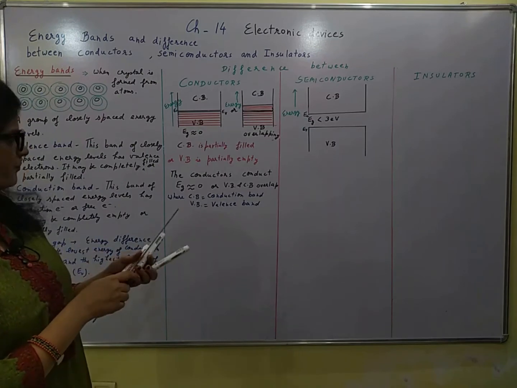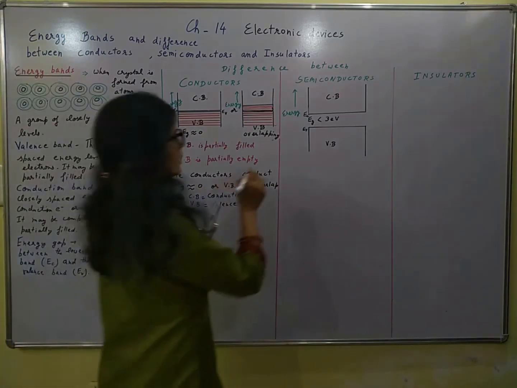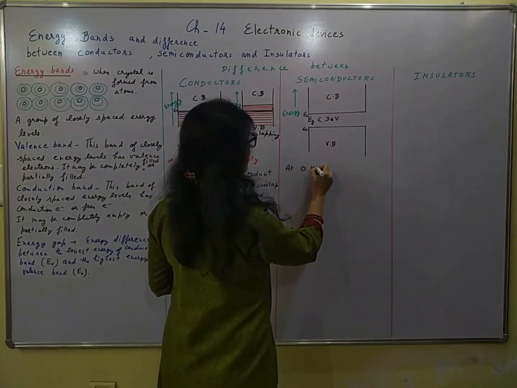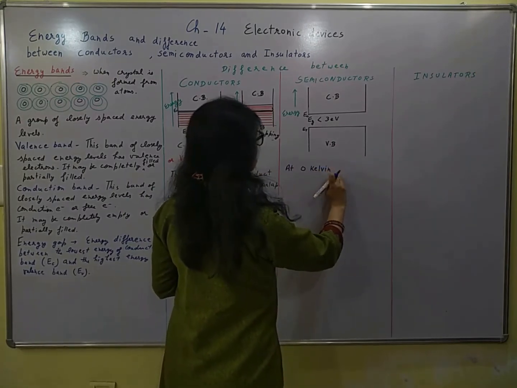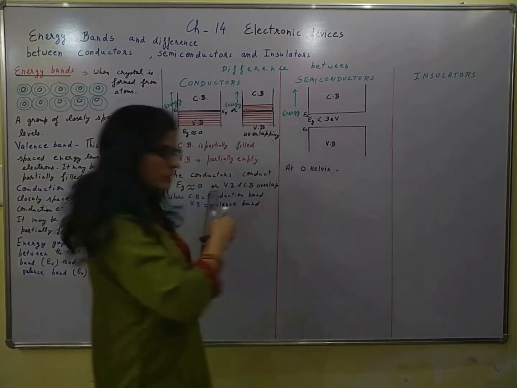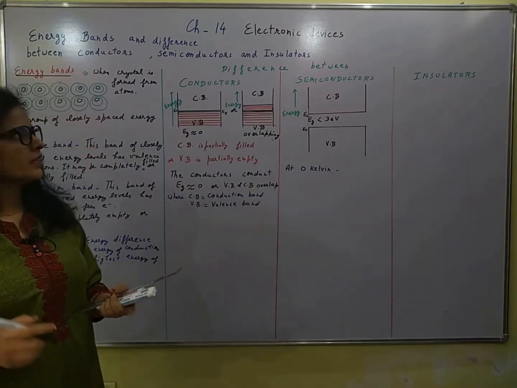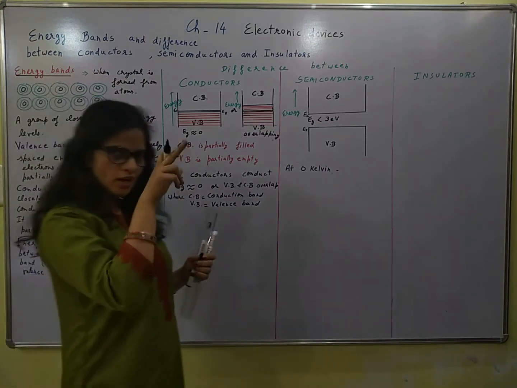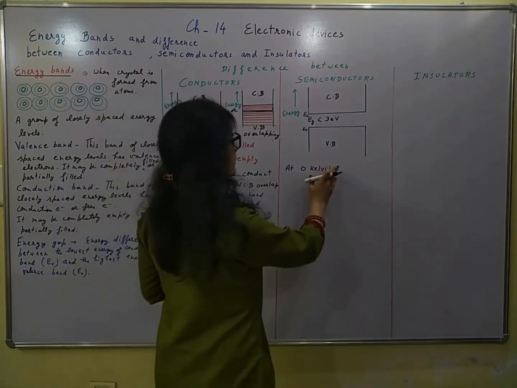Then we have, one thing is very important over here. At 0 Kelvin, the conduction band is completely empty as all the electrons are covalently bonded in the valence shell with the other 4 atoms which are surrounding it to complete the octet.